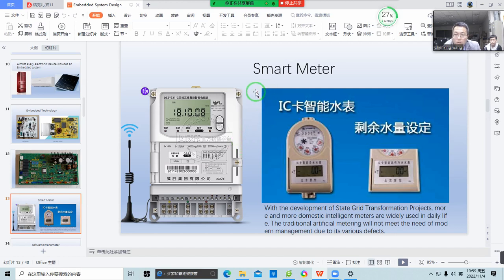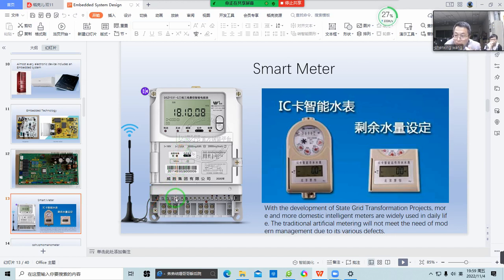Here the smart meter also uses an embedded system. Here is the LCD, then the antenna. So after you see LCD and antenna, this is a kind of Internet of Things.